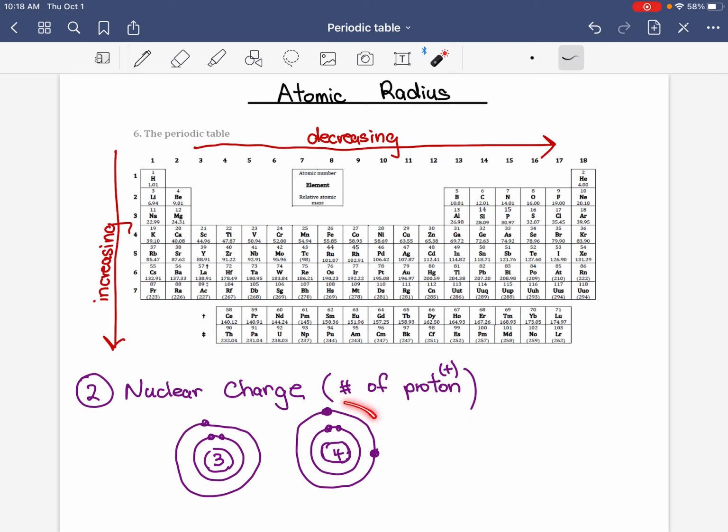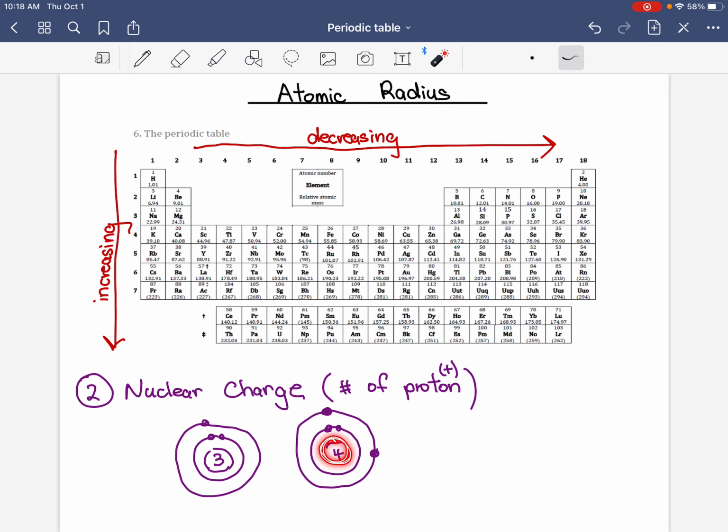I hope your answer is beryllium, because the number of protons here is more than the number of protons in lithium. So beryllium's nucleus has more positively charged protons, which have the ability to attract these electrons.